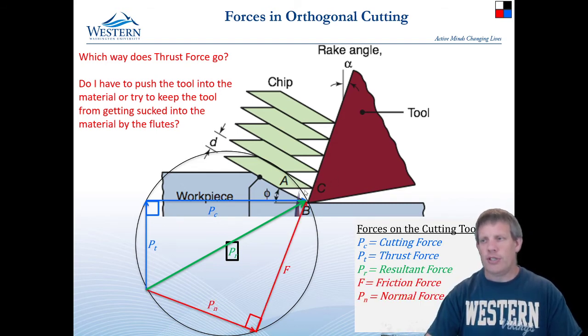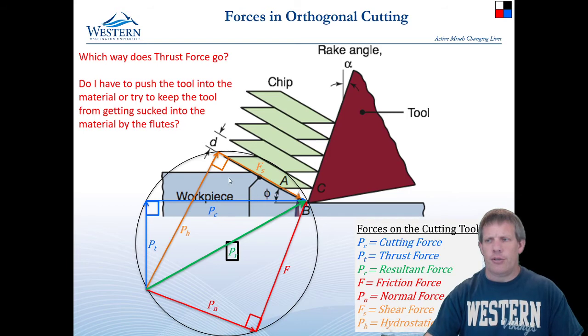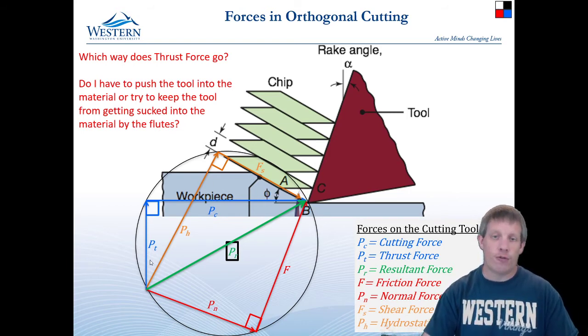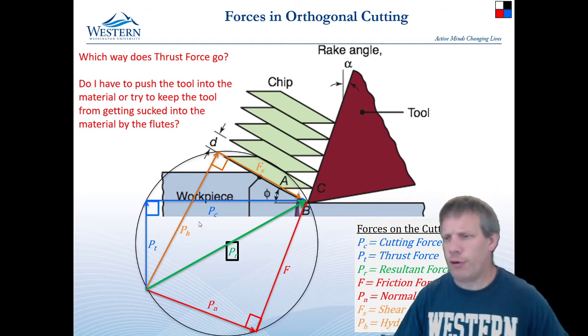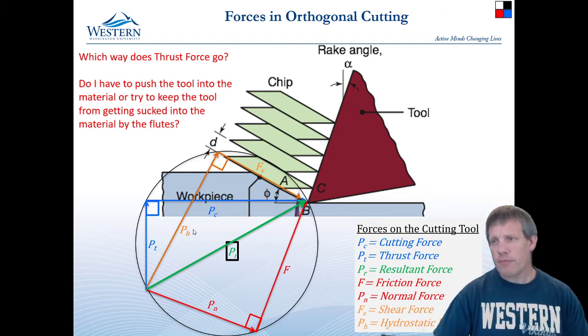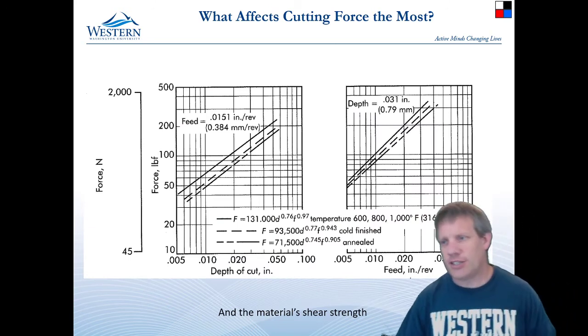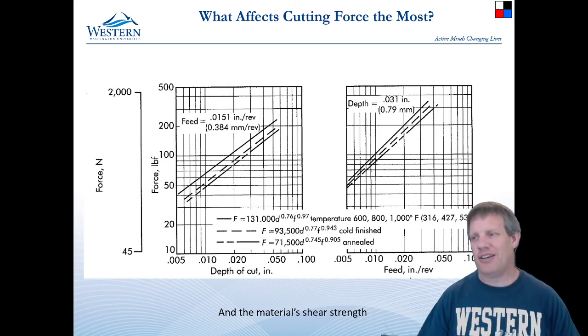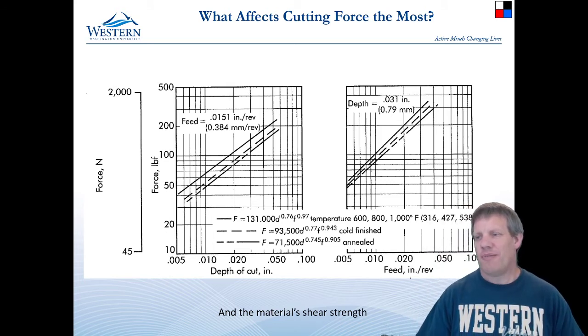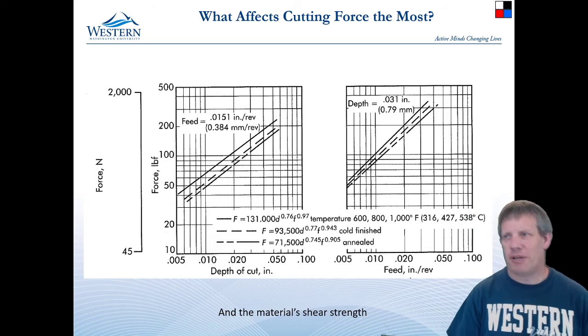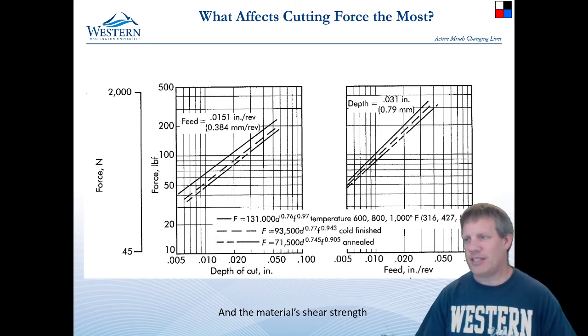Remember, we can use the friction force and then the normal force that creates that friction, and then the force along the shear path and what we call the hydrostatic force as well. But we're mostly going to focus on the cutting force here. And so if we look at some graphs, and of course these are just some graphs, there are lots and lots of different graphs that you can get depending on material type and process type and all.